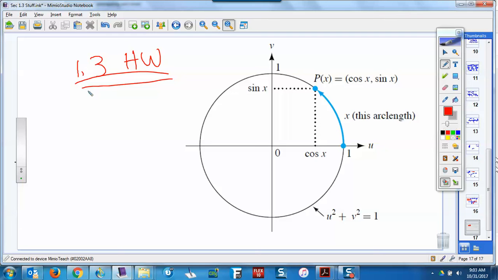These are what we call our elementary functions, our basic functions that everything else is built off of. So knowing about them is important.